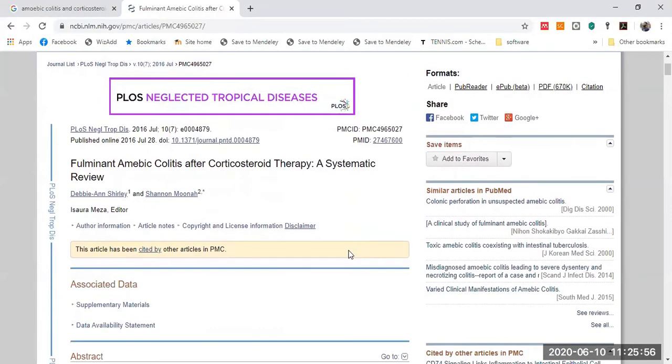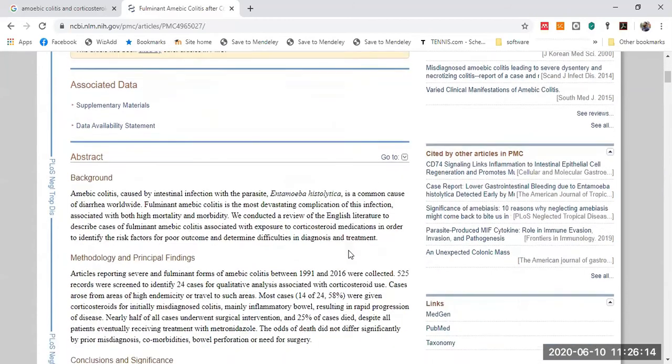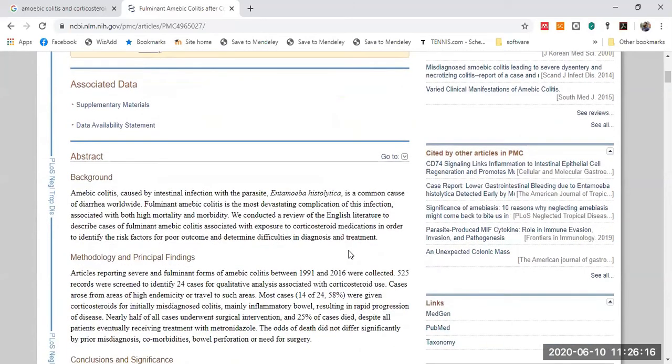To understand the relationship between fulminant amoebic colitis and corticosteroid therapy, this is an article that I found to explain in detail. This is a systematic review discussing corticosteroid therapy and fulminant amoebic colitis. In the background, they discuss the causative organism causing that disease, which is Entamoeba histolytica.